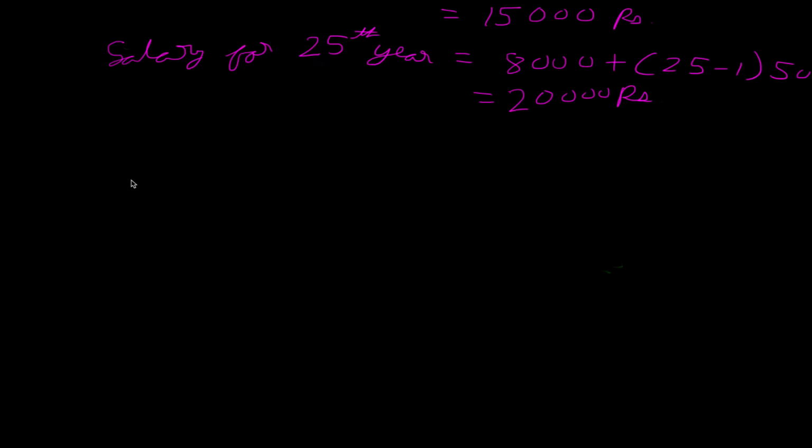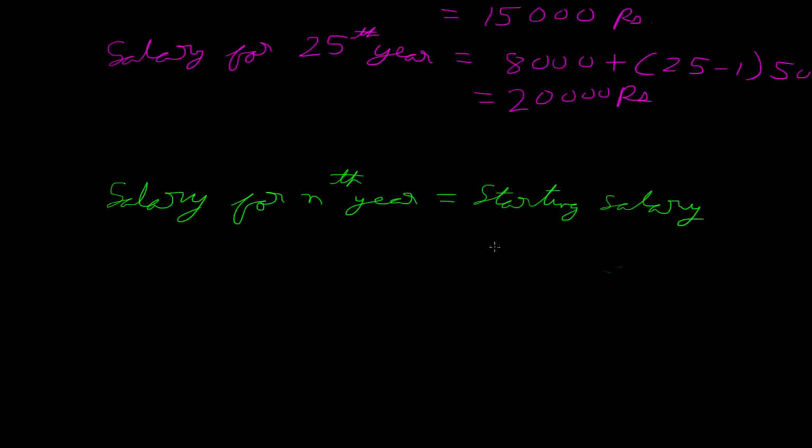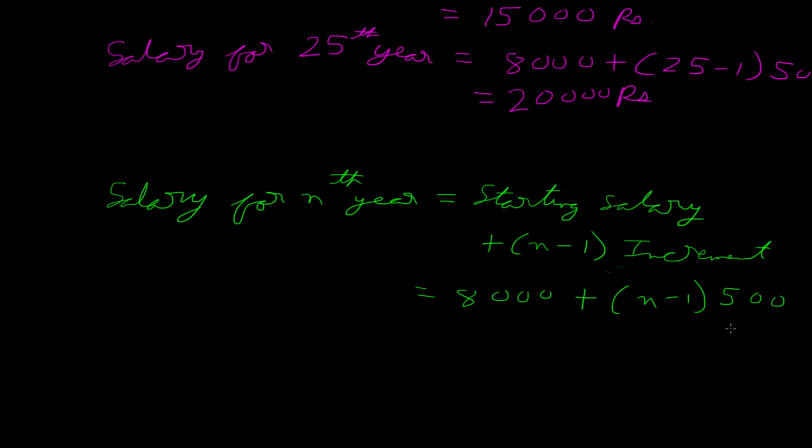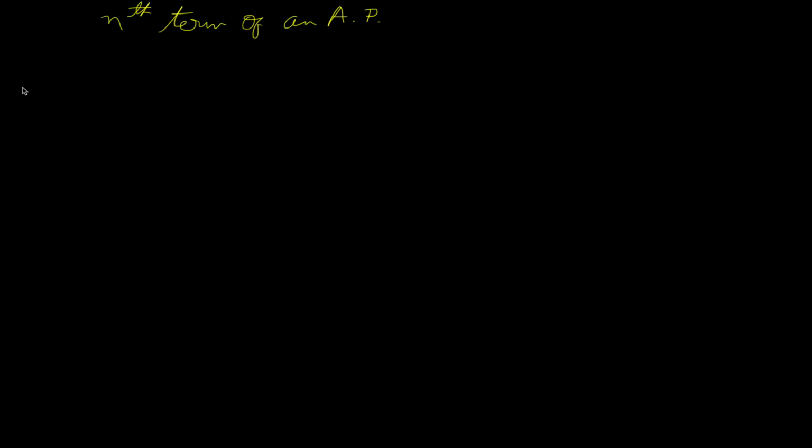If we generalize and want to write the salary for some nth year, then the salary would be the starting salary plus the increment received n minus 1 number of times. So it will be the starting salary plus (n minus 1) times the increment. In this case, it will be 8,000, which was our starting salary, plus (n minus 1) times 500 rupees, which was the increment every year.